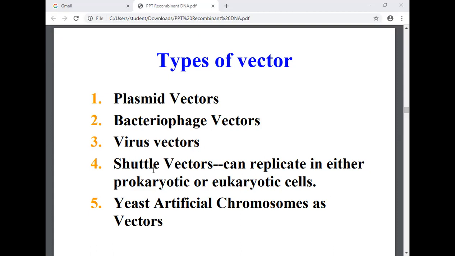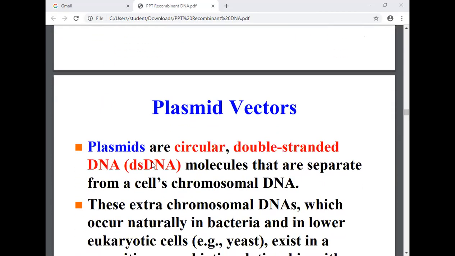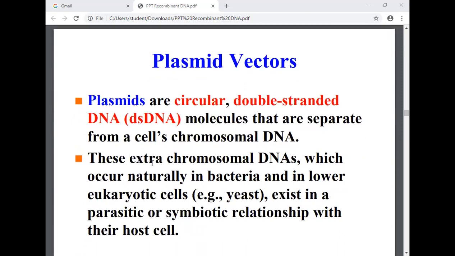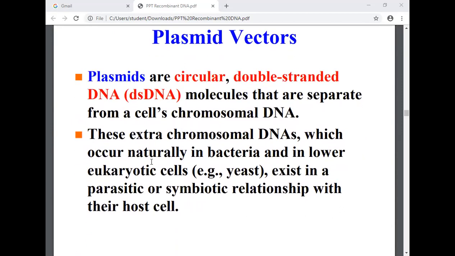So in your syllabus, we will talk about bacteriophage, yeast, and then certain types of viruses which we can use as vectors. The first one is the plasmid vector. Plasmids are circular double-stranded DNA, right?